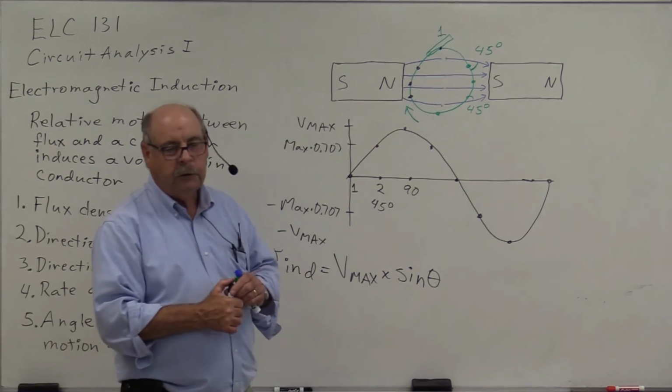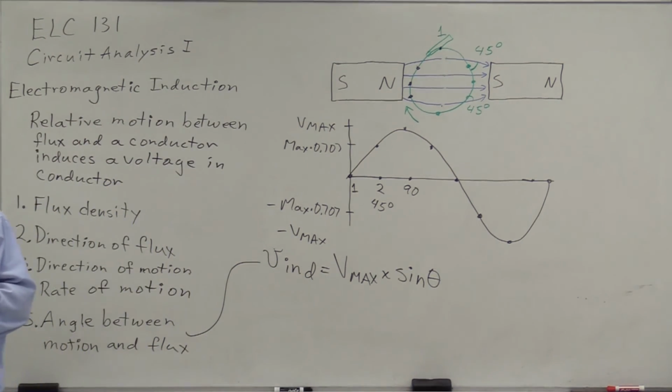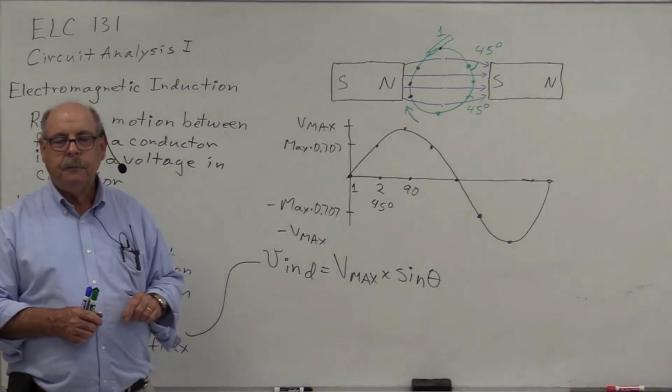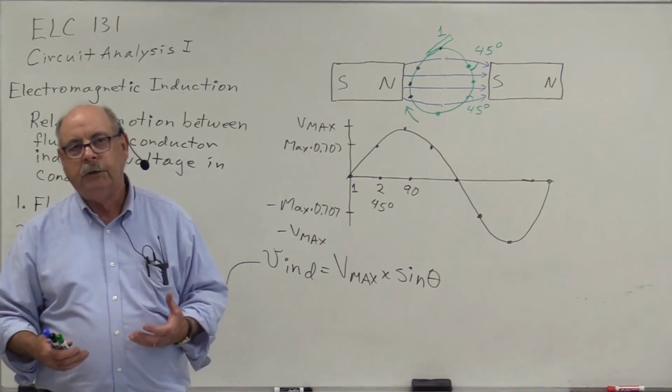And this is, of course, the waveform we saw last week when we talked about alternating current. So if I rotate a conductor through a magnetic field, I will create a sinusoidal waveform. And this is what our friends at Duke Energy do.